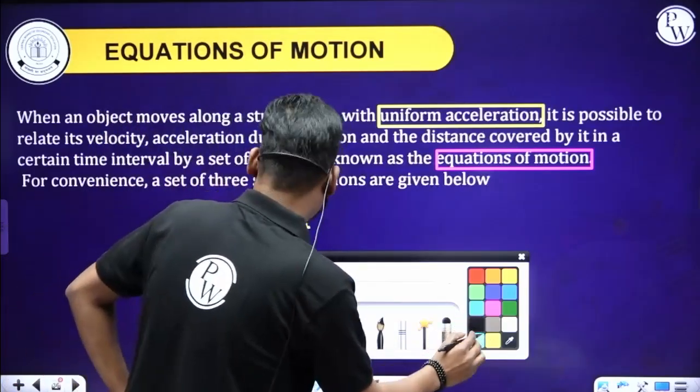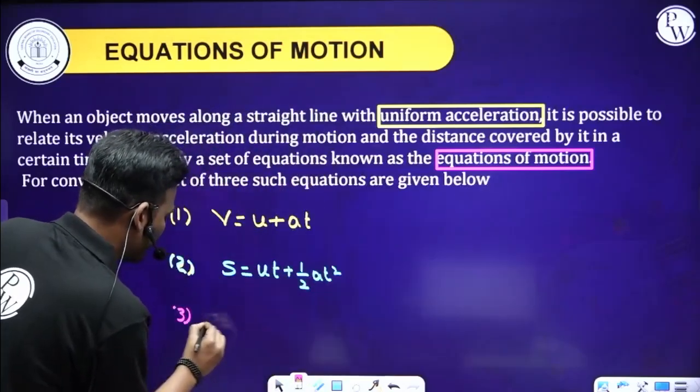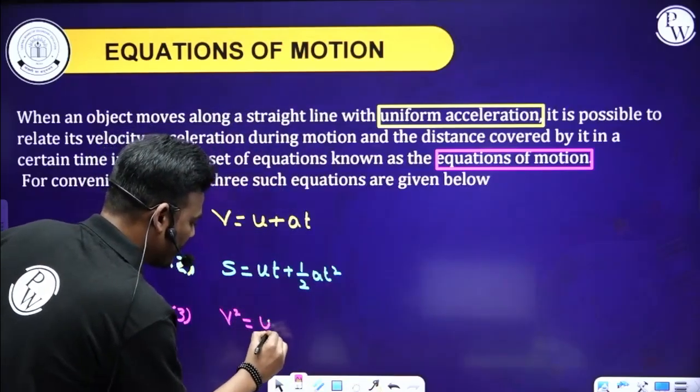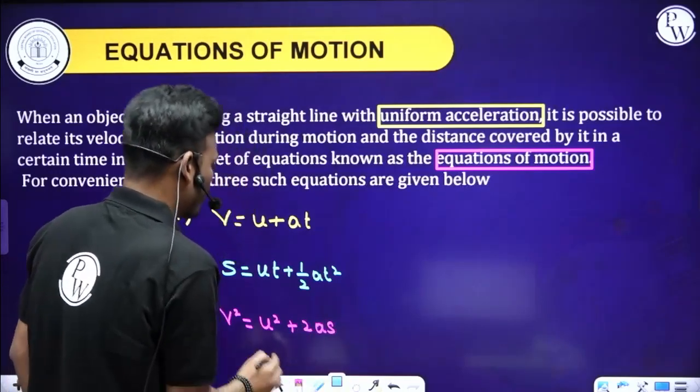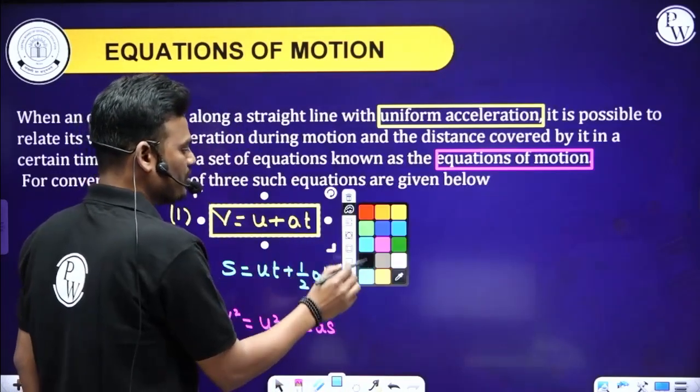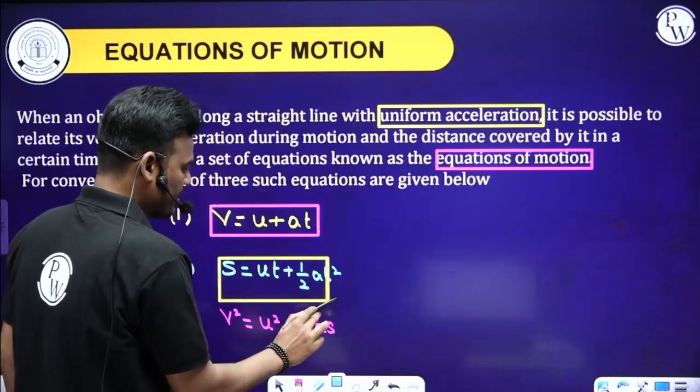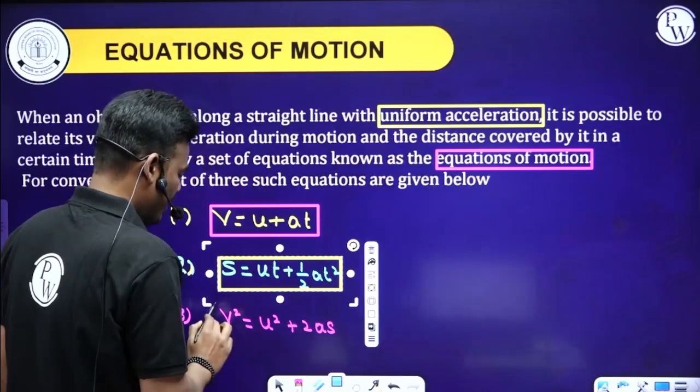And the third equation of motion: V square is equal to U square plus 2AS.